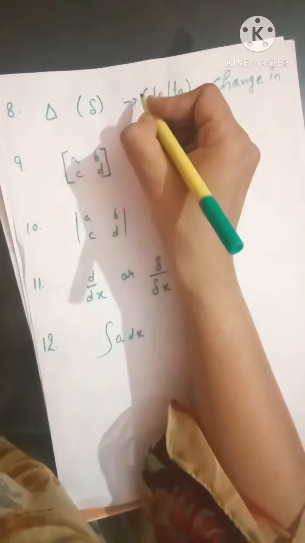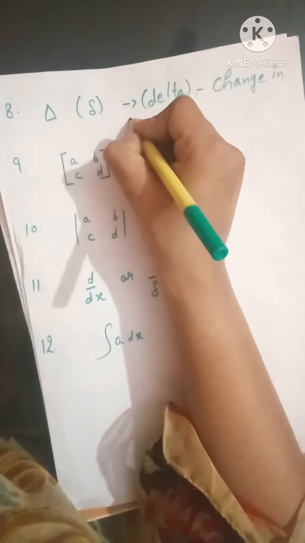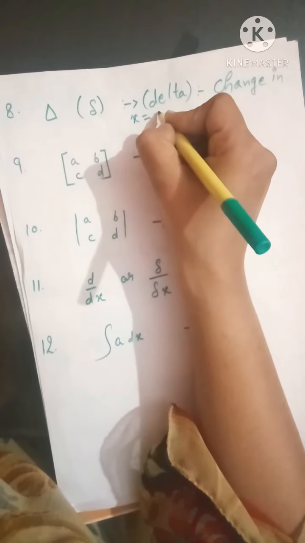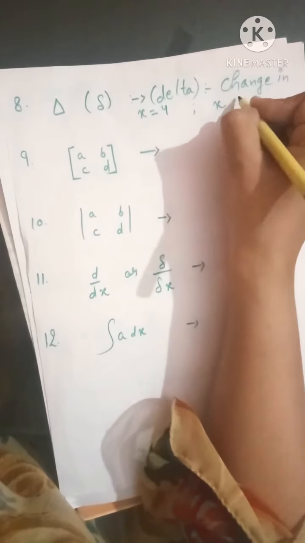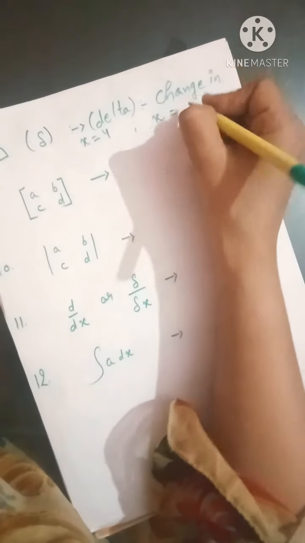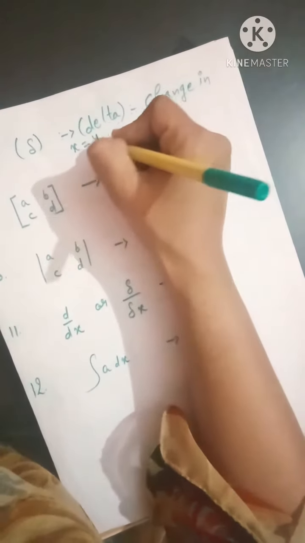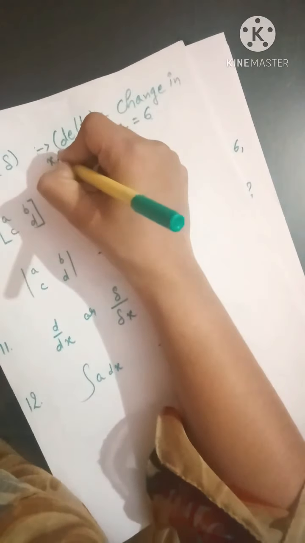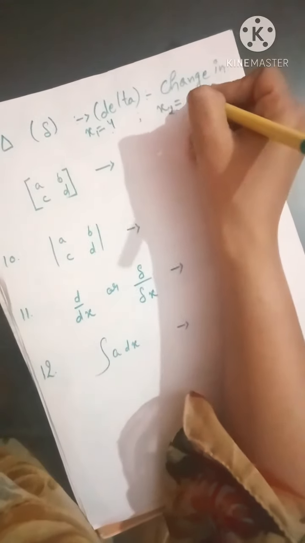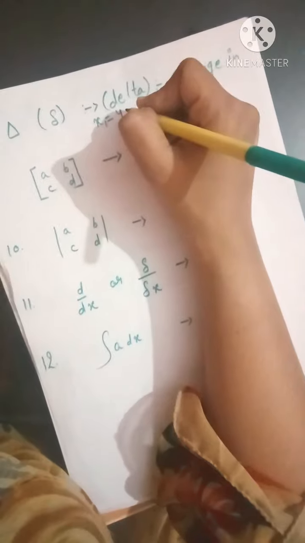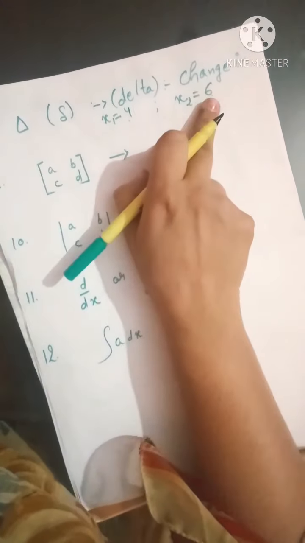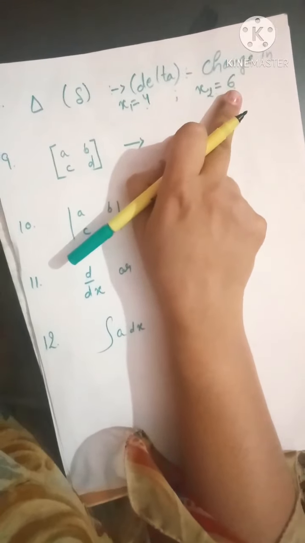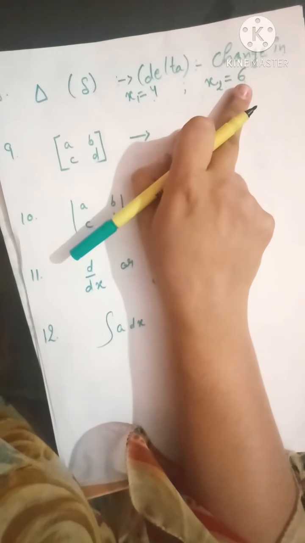That is, if firstly I have x equal to 4 and then I have x equal to 6, then the change from this x to this x is 6 minus 4, that is 2. Then we can write delta x equal to 2, that is, the change in situation is 2.